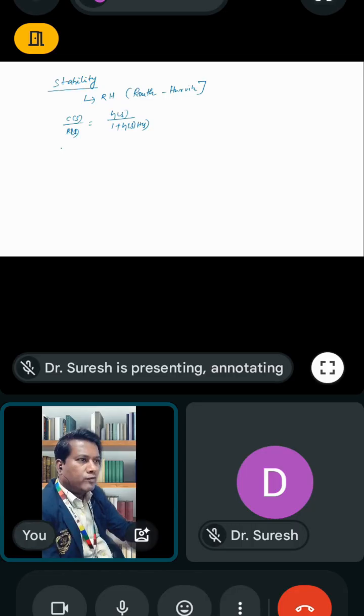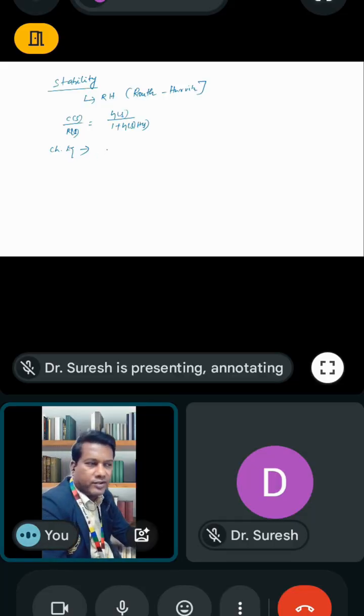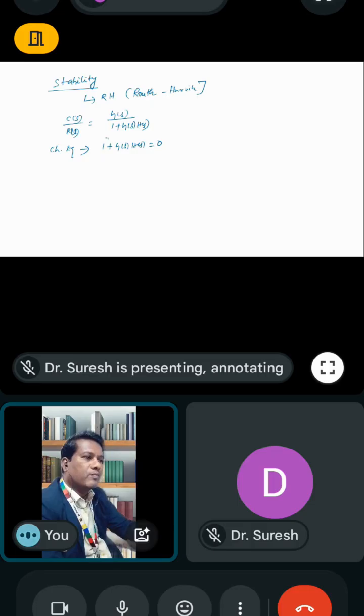To find the stability of a closed loop system, we need to write the characteristic equation first. The characteristic equation is 1 plus G of s H of s equal to 0, which is the denominator of the closed loop transfer function.